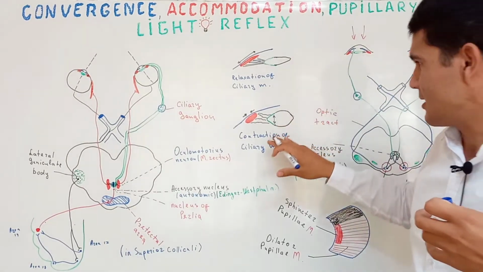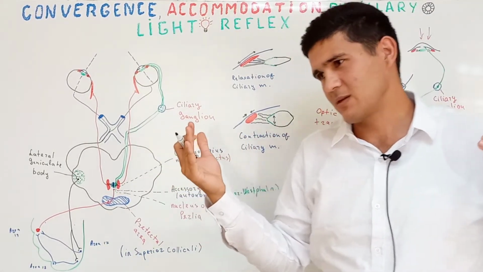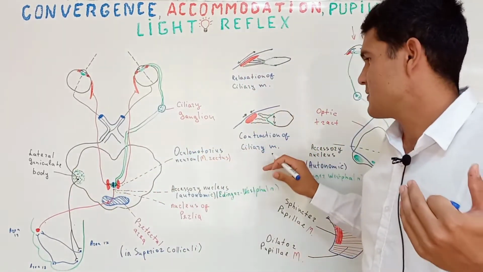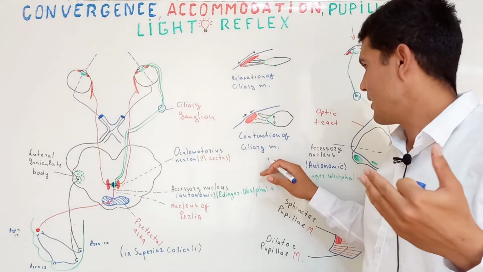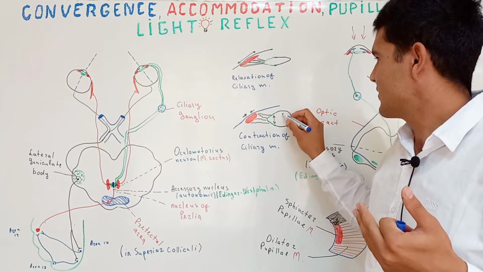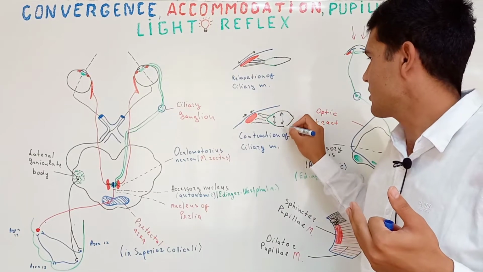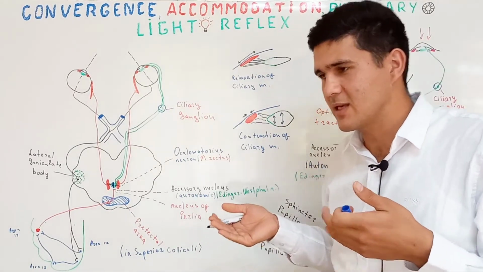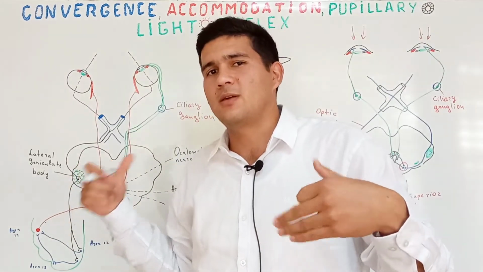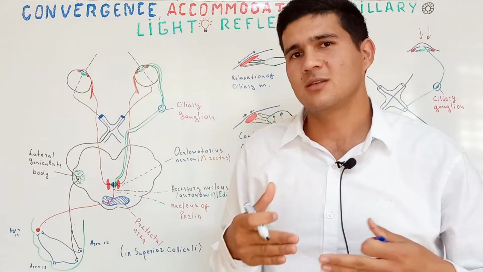When we look at something located near us, contraction of the ciliary muscle occurs, and the shape of the lens becomes more spherical. One of the main reasons for that is directing the shape of the objects to the retina properly.